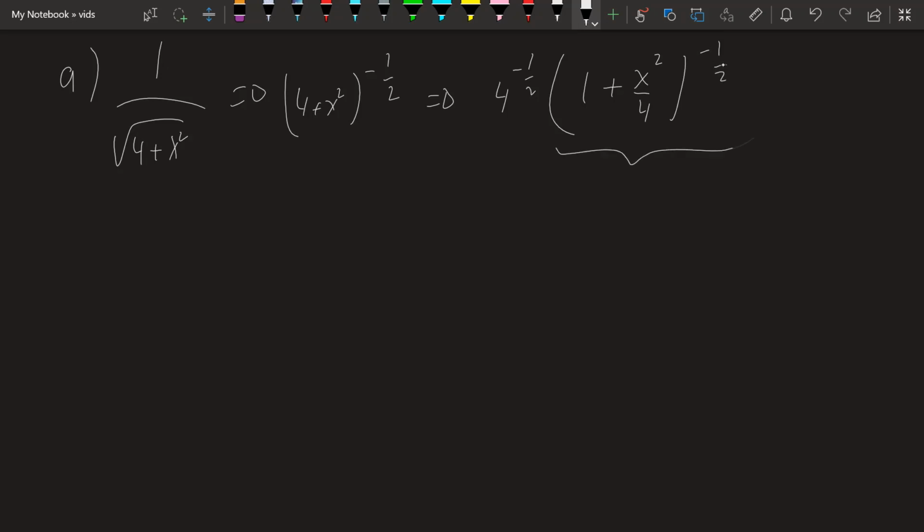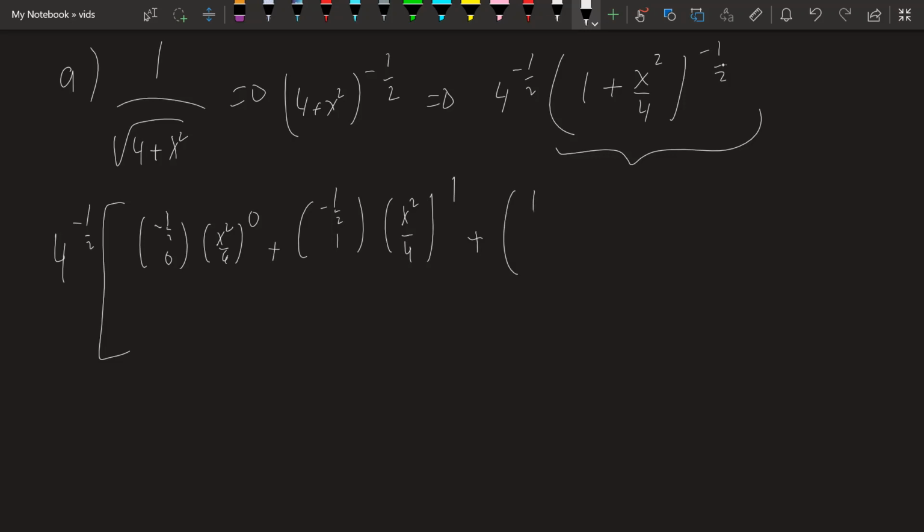They said the first 3 terms, so here's the evaluation. Of course, don't forget the constant, so it's going to be negative half choose 0, x squared over 4 to the 0, plus negative half choose 1, x squared over 4 to the 1, plus negative half choose 2, x squared over 4 to the 2.